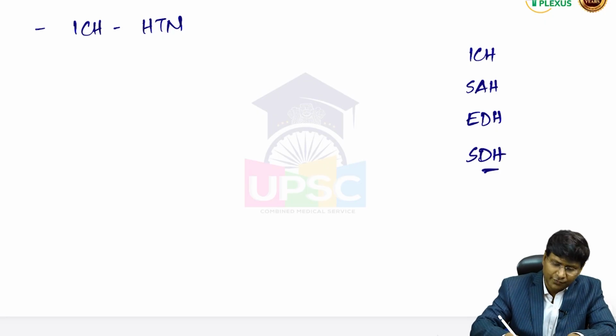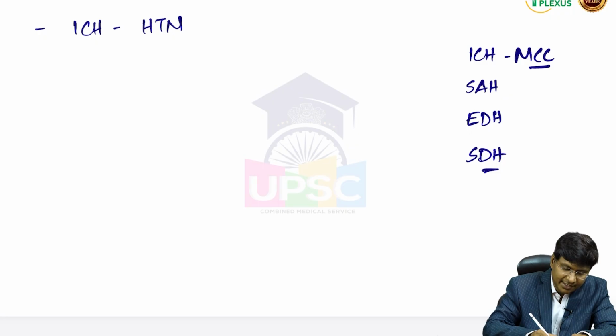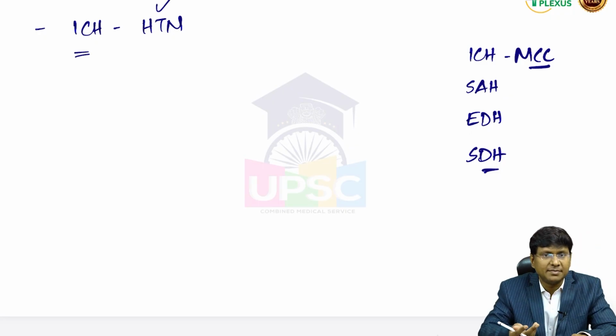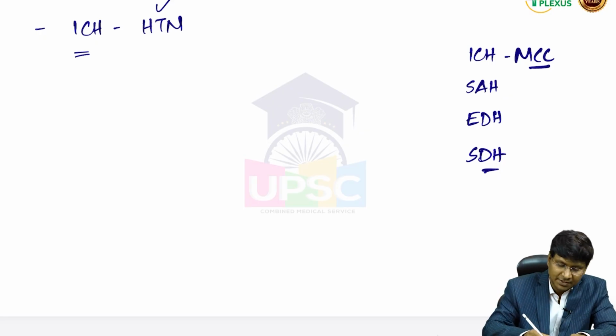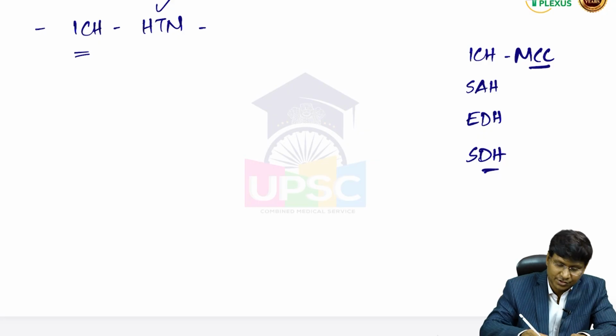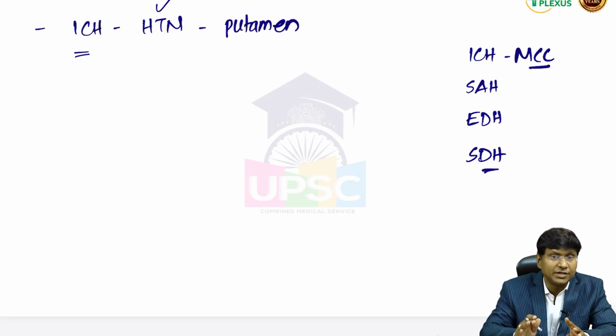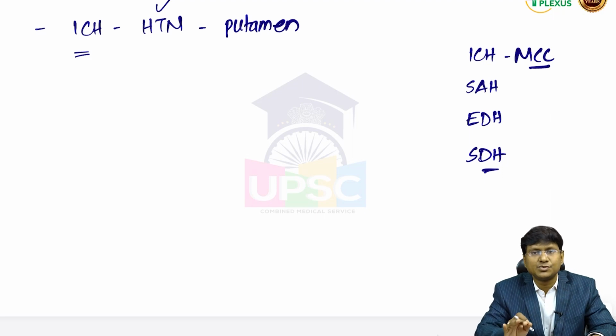Out of all these, the most common cause of hemorrhagic stroke will be intracerebral hemorrhage, and within intracerebral hemorrhage, the most common cause will be hypertension. And what is the most common site of hypertensive hemorrhage? The most common site will be within the putamen.